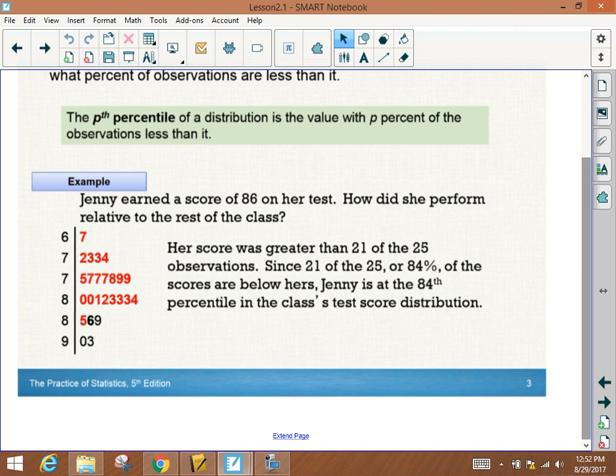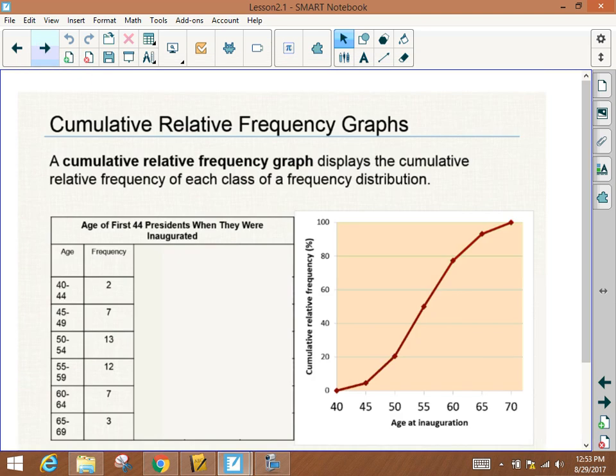All right, and we can look at this example. We talked about examples of test scores, and in the example that we looked at, we wound up looking at it in the reverse way, but it still worked, especially for the purpose of creating our ogive, otherwise known as our cumulative relative frequency graph.